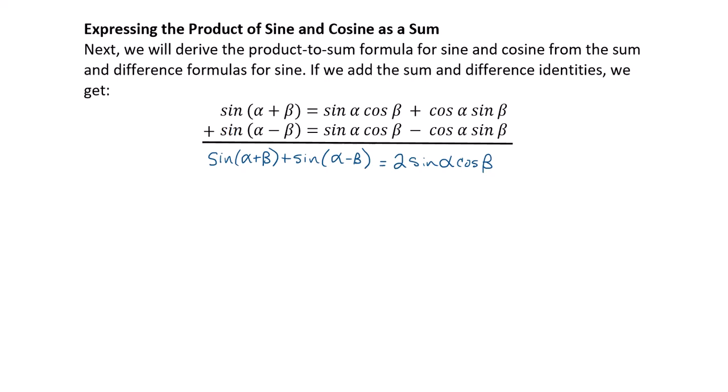Now to finish solving for sine alpha cosine beta, I'll multiply both sides by 1/2. So the sine of alpha times cosine of beta is going to be equal to 1/2 times the sine of alpha plus beta plus the sine of alpha minus beta.